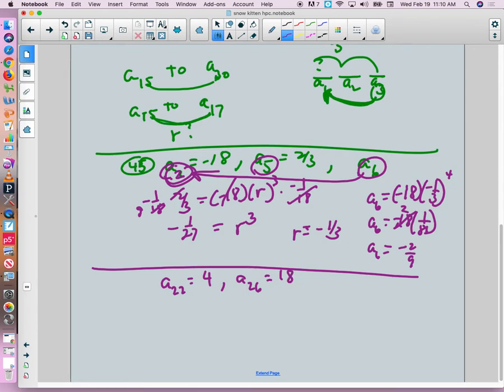And you'd have to be told this was geometric because I would work it somewhat different than arithmetic. So let's say this one's geometric. All right, so my formula is a sub n equals a sub 1 times r to the n minus 1.